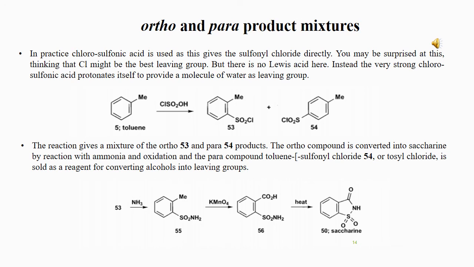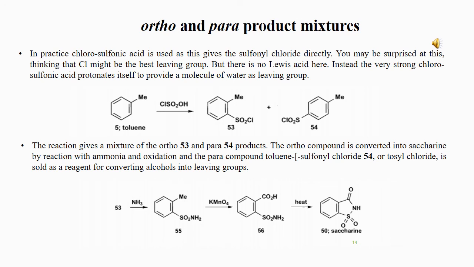Then we do the oxidation. And the para compound, toluene sulfonyl chloride 54, is sold as a reagent for converting alcohols into leaving groups.